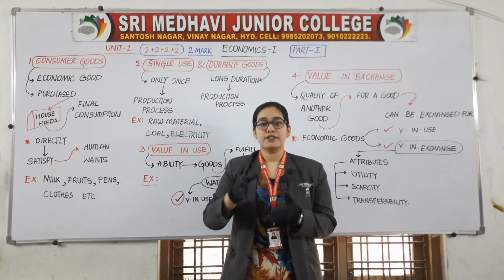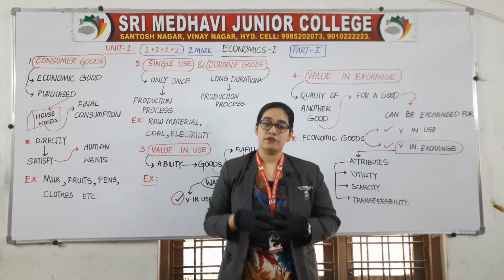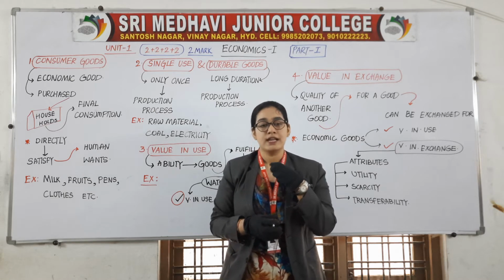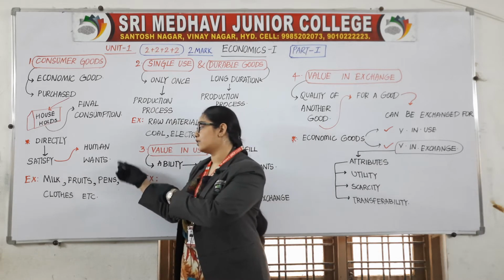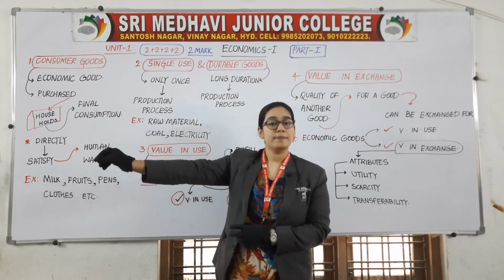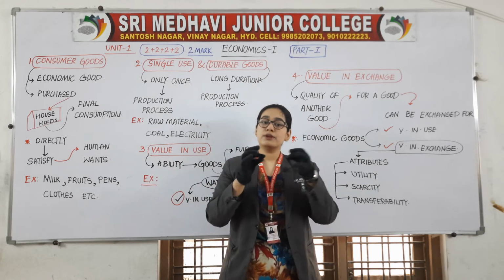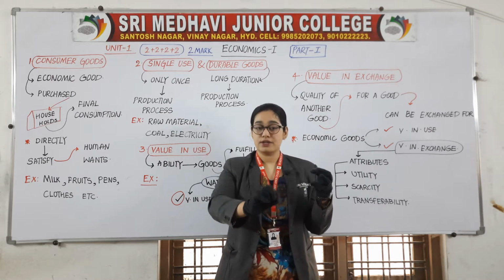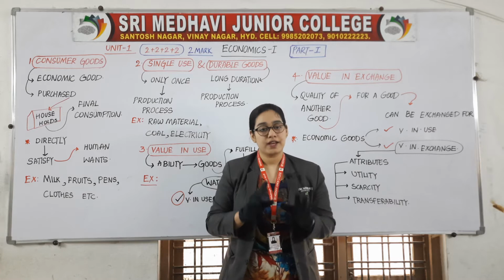There are no further processes involved in it. So we are using it for final consumption, and it can satisfy our human wants directly. Example of a pen. You buy a pen from a stationery, directly you remove the cap and you use it finally, am I right? So it is directly satisfying your want.